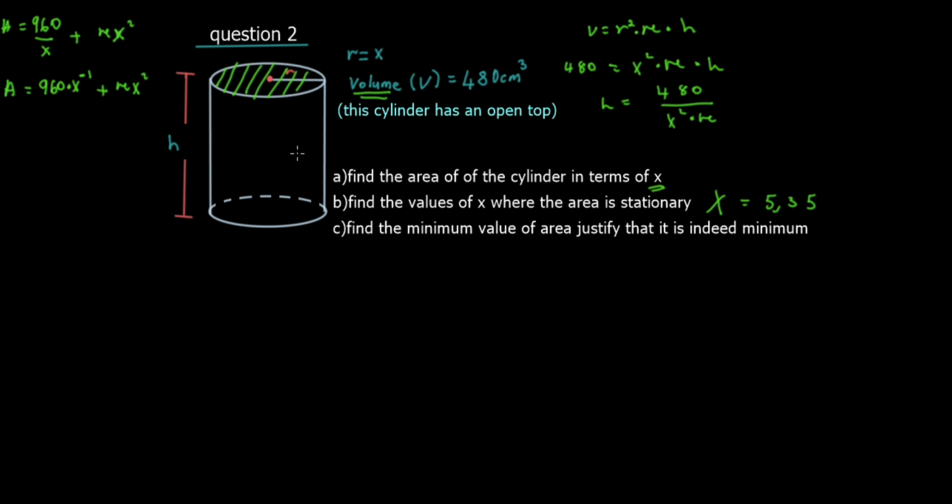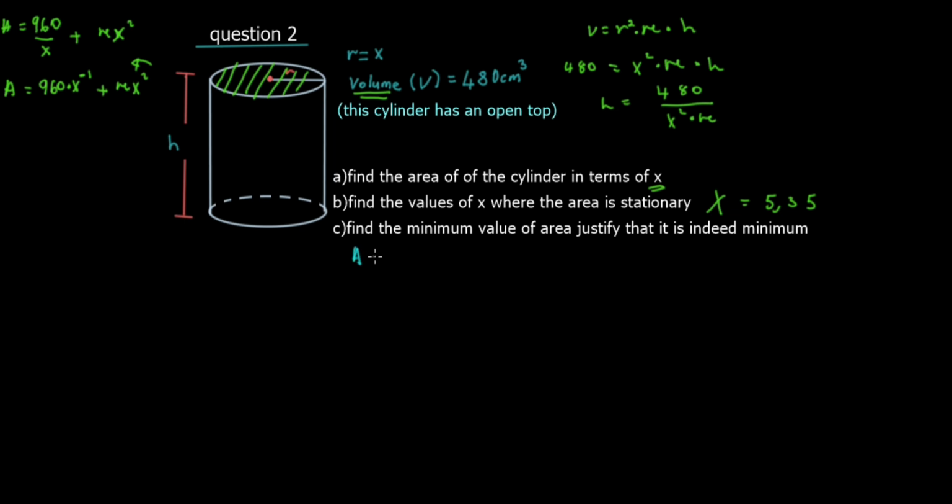The other question says find the minimum value of the area, and justify that it is indeed minimum. So what is the area? The area is this value over here.